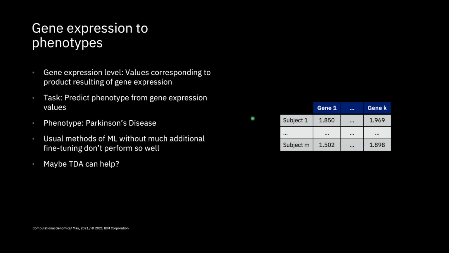Let's see what happens with both of these approaches. And just to give you a sense of the size of the data we worked with, for this particular work, we used about 20,000 genes and about 400 subjects. So we can imagine that we have a matrix of 400 by 20,000.